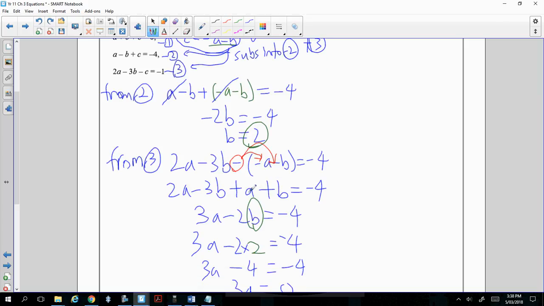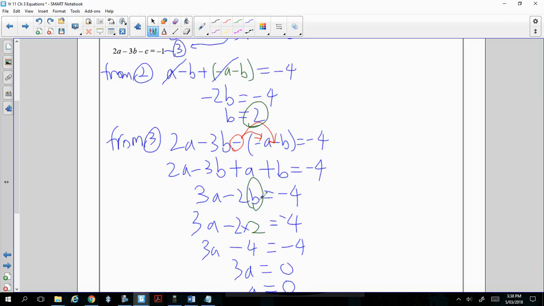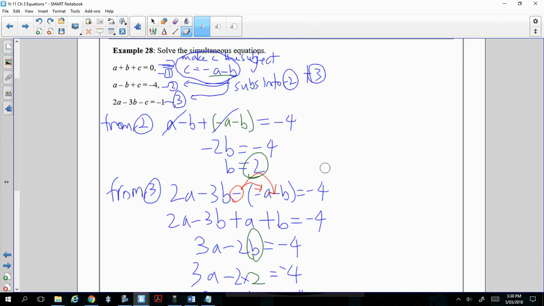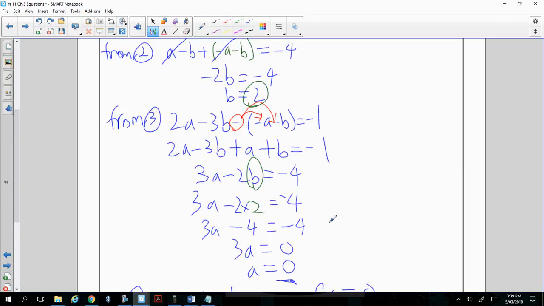Ah, it's negative 1. Oops, yeah, I think I made a mistake. I copied it wrong. That means everything here is wrong. But negative 1, it is.